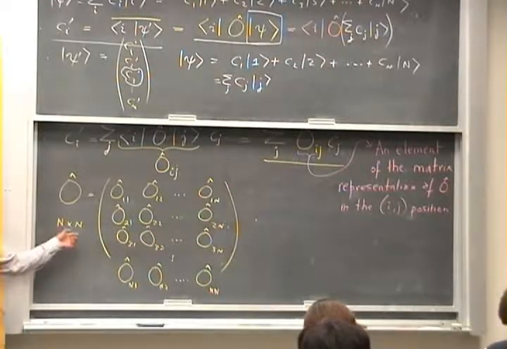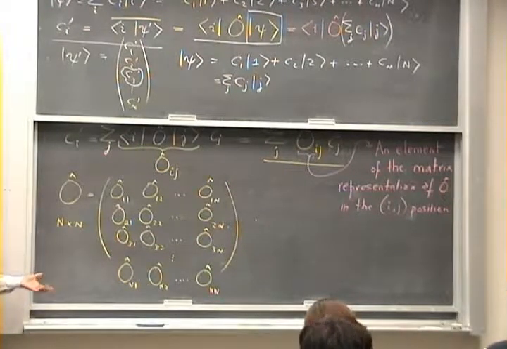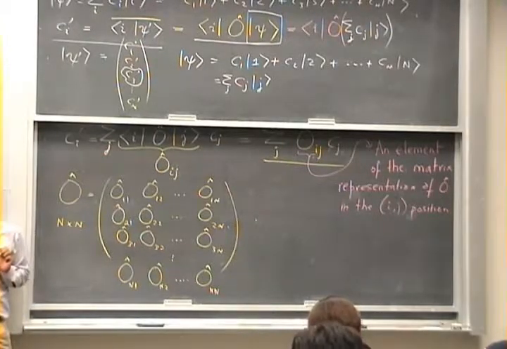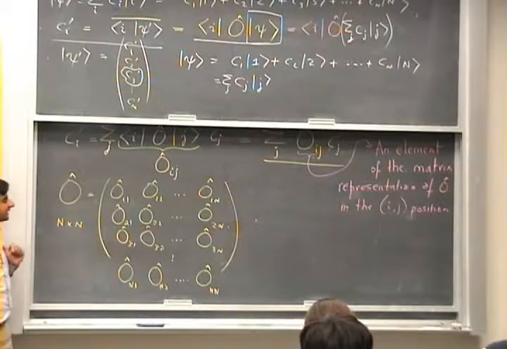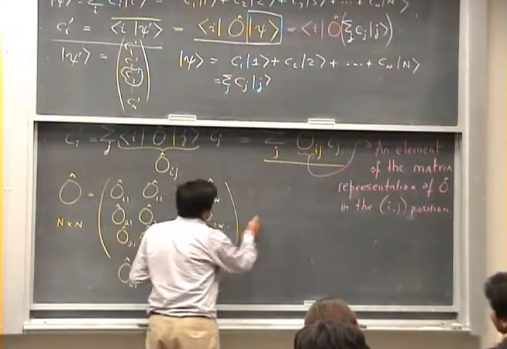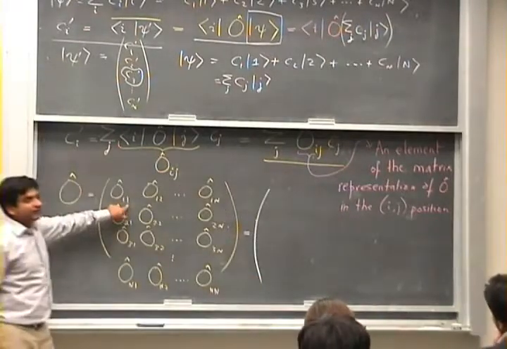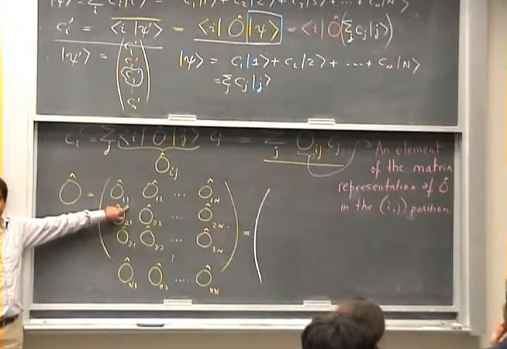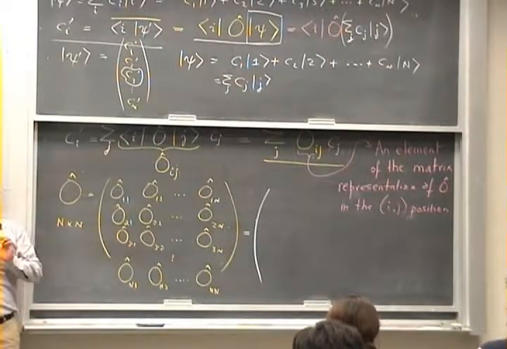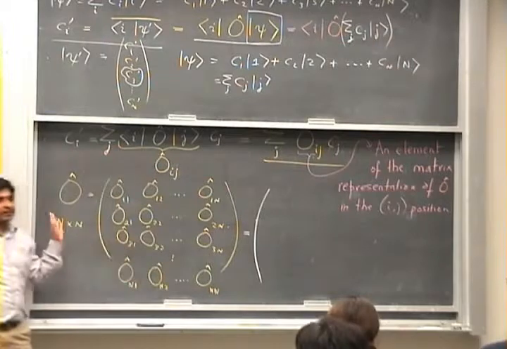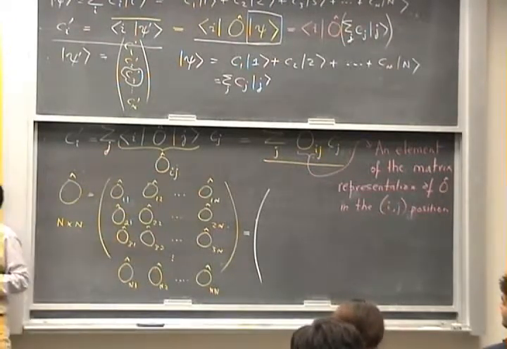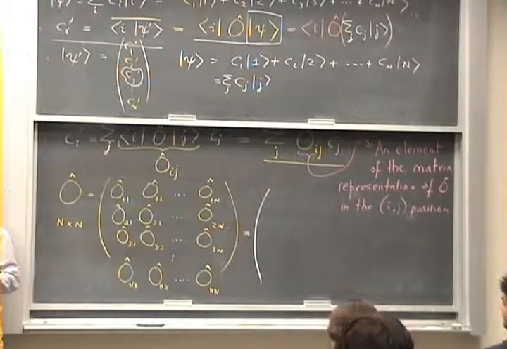It will have n into n square elements. Each element is labeled by a row and a column. Okay? For example, O11 is an element in the matrix for the operator. And this is a matrix representation of the operator that conforms to this ordering of numbers.